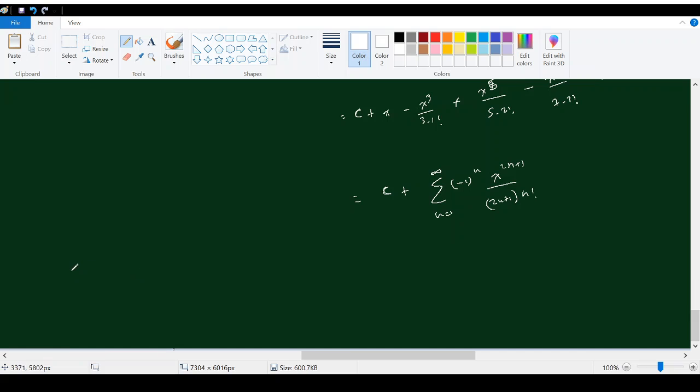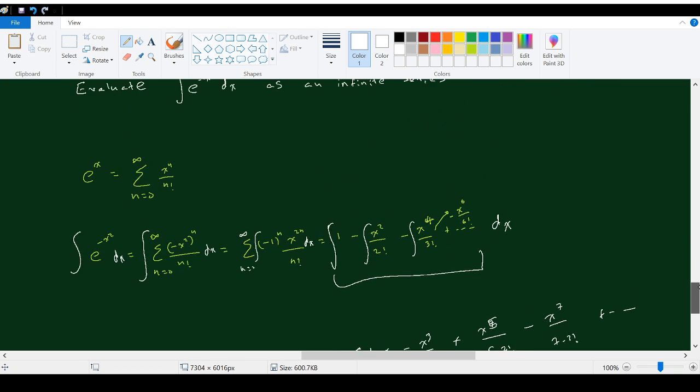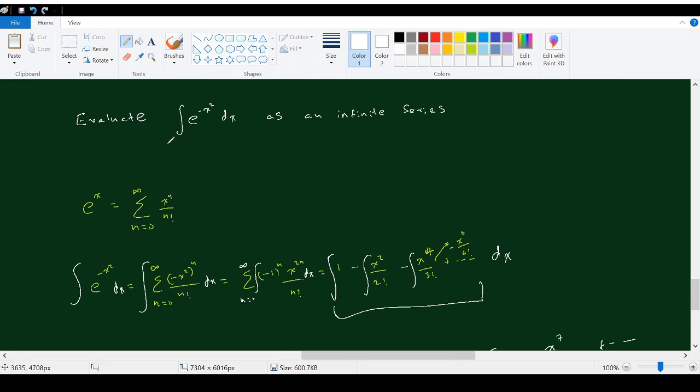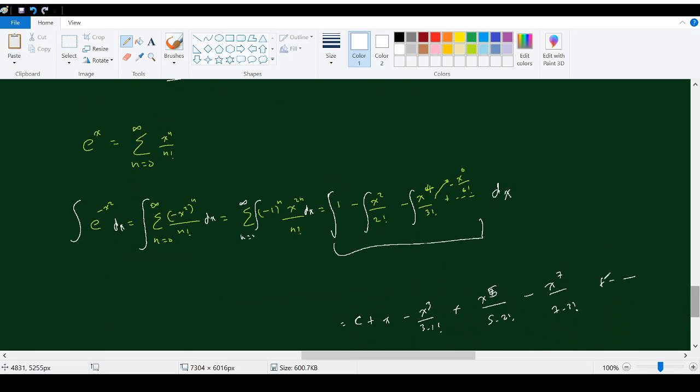And see, at first we had a simple function which we need to find the integral of, but surprisingly we were unable to do it with the methods that we have done so far. Hence we went for the power series expansion, in fact the Maclaurin series, and we integrated the Maclaurin series term by term. And for power series, integrating the whole power series is the same as integrating term by term and adding them up.